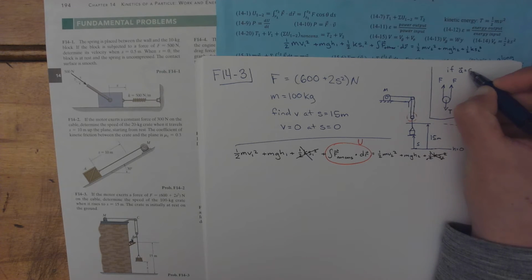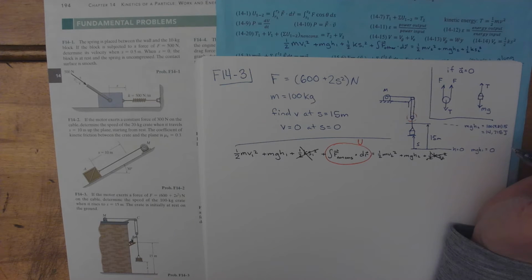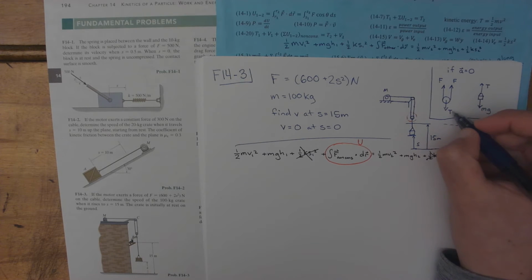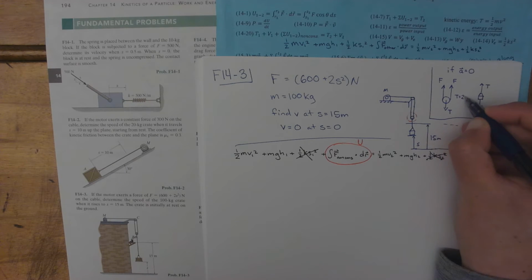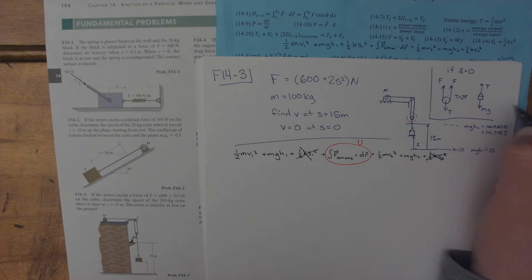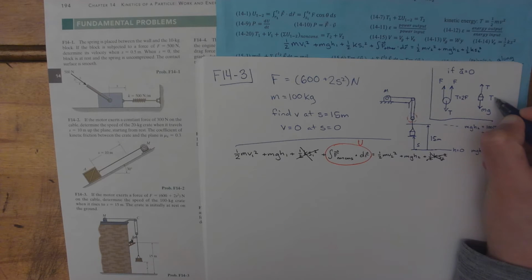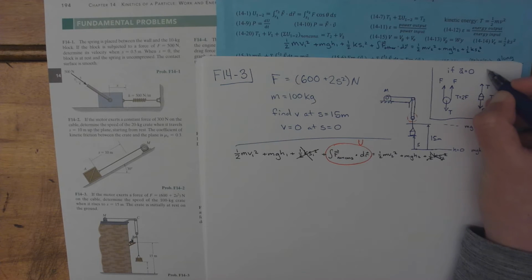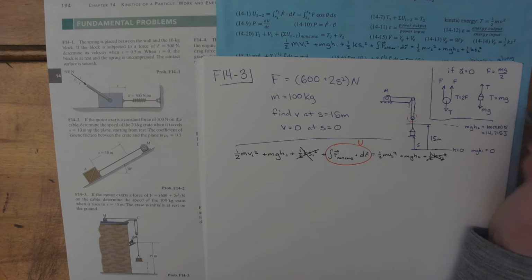So if the acceleration is equal to 0, then this downward force has to be equal to the upward force, so T is equal to 2 times F. And then from my free body diagram for the crate, I can see that the tension is equal to m times g. So I could say the force is equal to, that's half of the tension, so that's mg divided by 2.